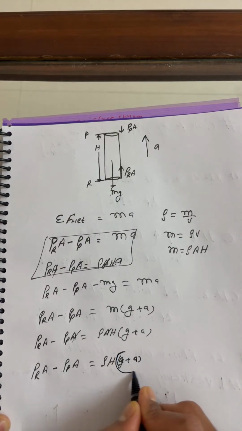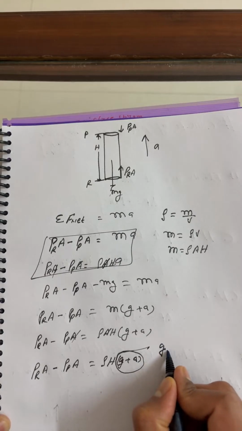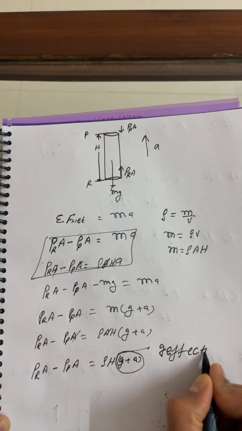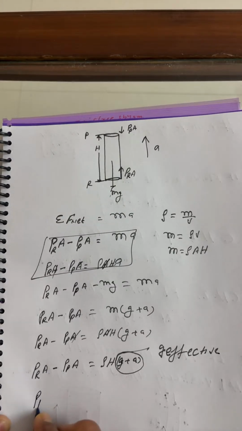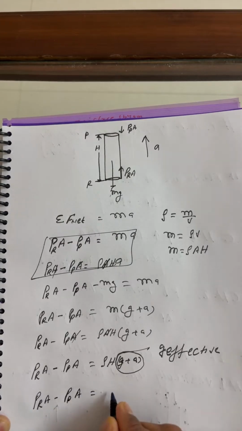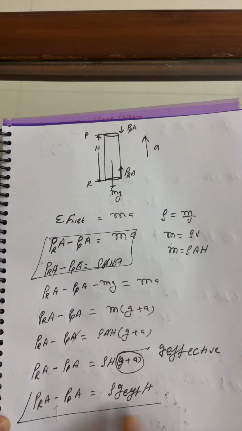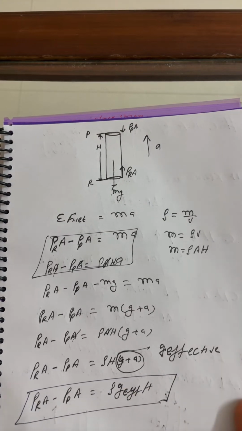You can replace this entire thing with what is known as g effective. So finally, P_R into A minus P_P into A is equal to rho g effective into h. Keep this in mind as a result if the container is moving in upward direction.